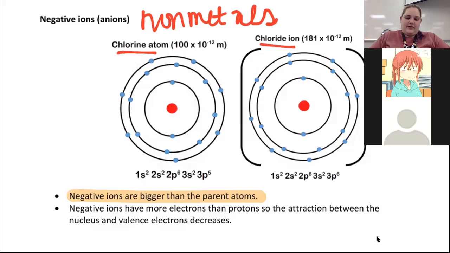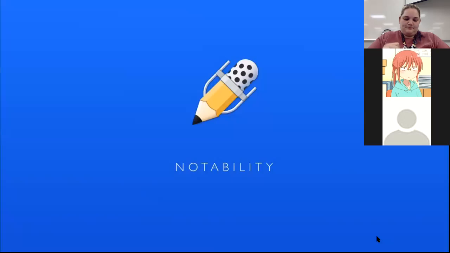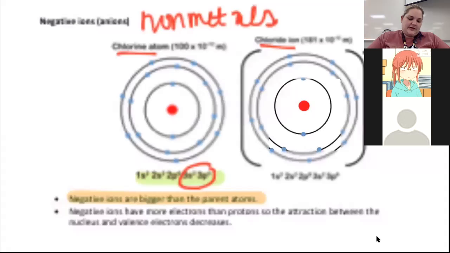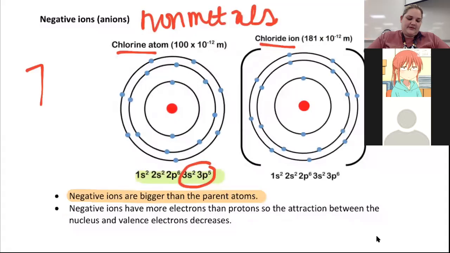And so if I look at the electron configuration down here, chlorine has 7 valence electrons here in the third energy level. So it's got 7 valence electrons.